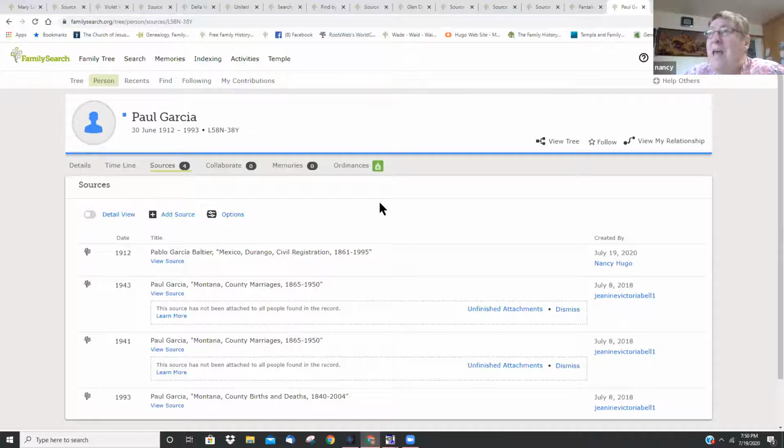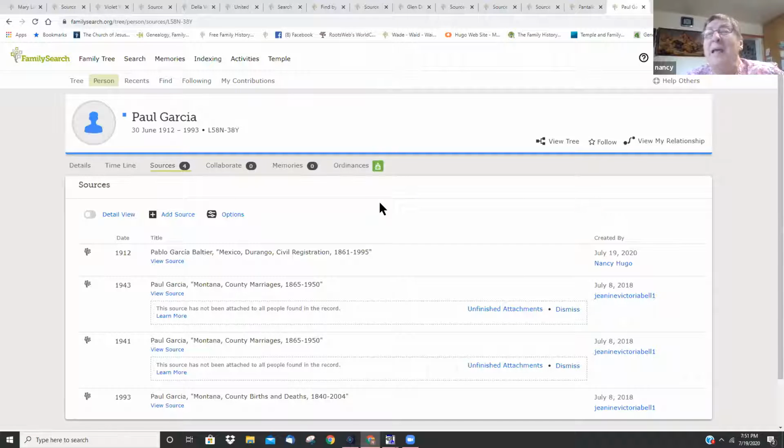Now that means that we can figure out which churches were in each of those neighborhoods, and we can probably find out where the parents were baptized and where the grandparents were baptized in the Catholic Church, and then find out who their parents and grandparents are.